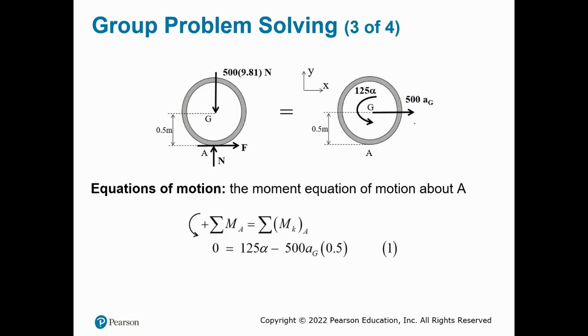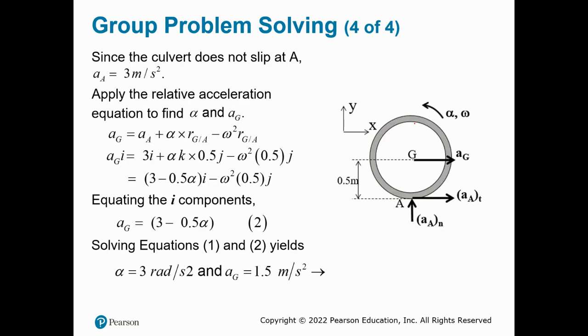We do the moment equation about point A, sum of M_A equals sum of (M_k)_A. We have that equation relating alpha and a_G. Since we assume it does not slip at A, we have a_A equals 3 meters per second squared, and then we plug into our equations.